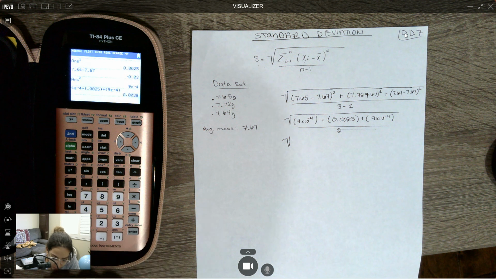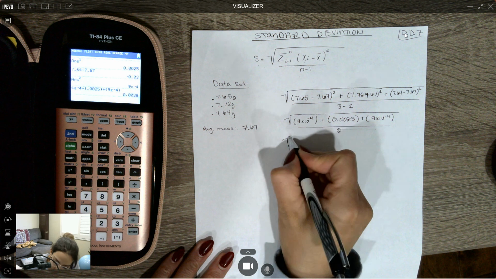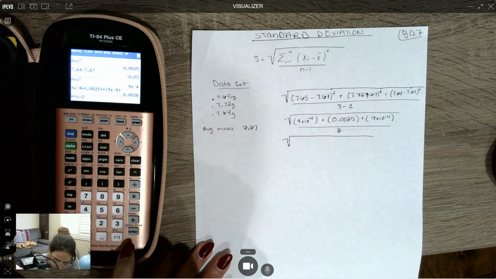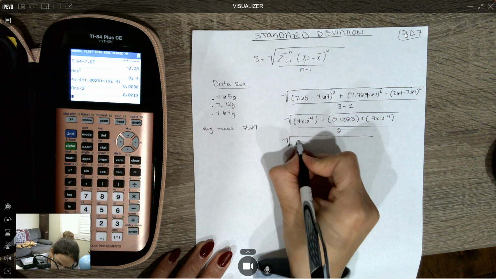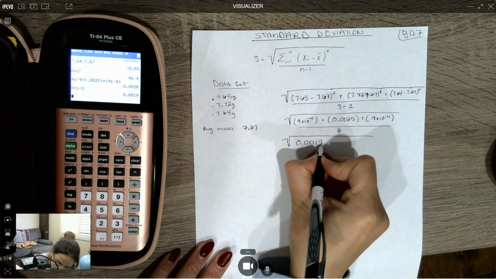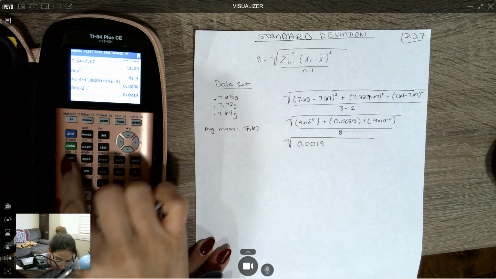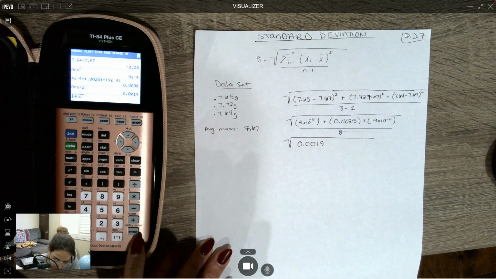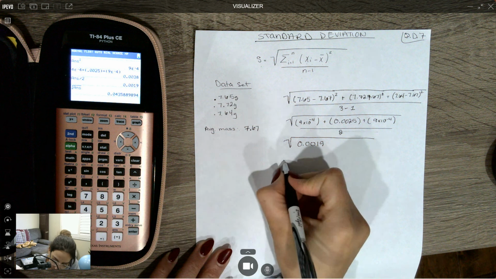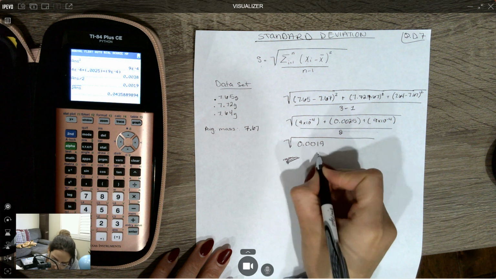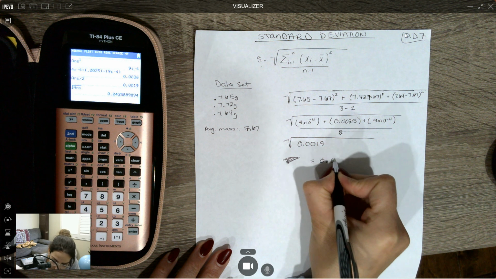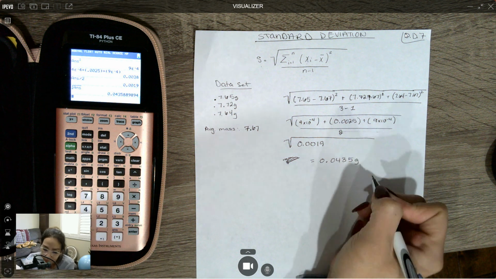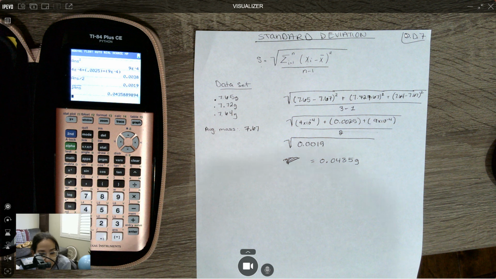Okay, so I get that answer. And I'm just going to go ahead and divide it by 2. And I end up with 0.0019. And if I take the square root of that, of my answer, I get 0.0435 grams as our standard deviation.